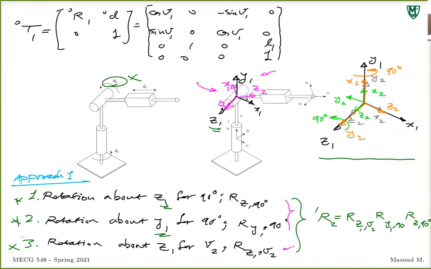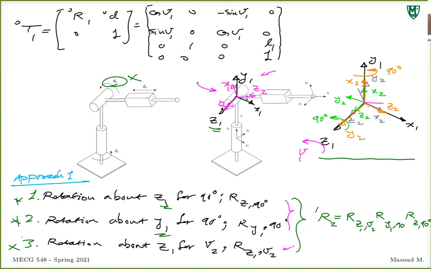For that one, you need another rotation V2 about the Z1 axis again. So if you do another rotation here, you will get your axes. Let me see if I can draw it here.